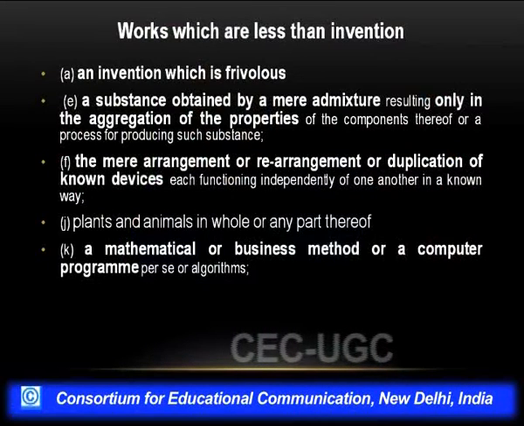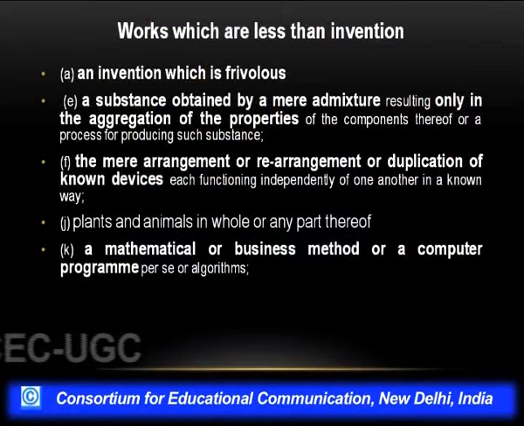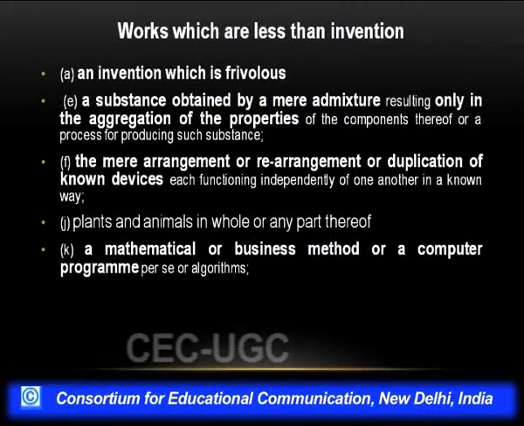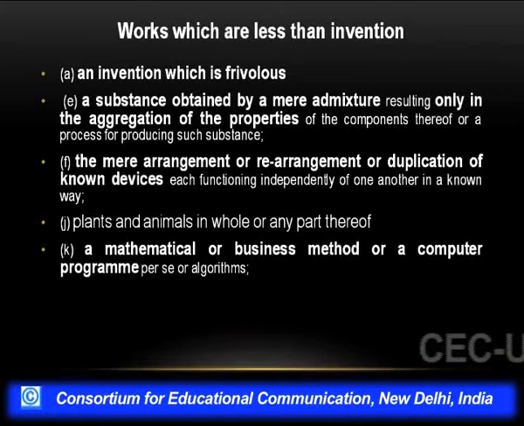Another clause that can be brought under this first category is the mathematical or business method or a computer program per se or algorithms. Friends, these are works which are less than invention. They cannot be given patent protection as they are expressly excluded from the purview of obtaining patent protection.